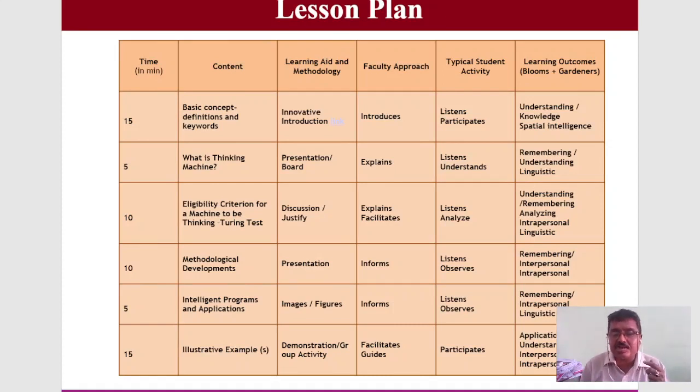We'll teach a topic that may include some number of keywords and subtopics. How much time we give to each subtopic in this entire 1 hour class duration is very crucial.